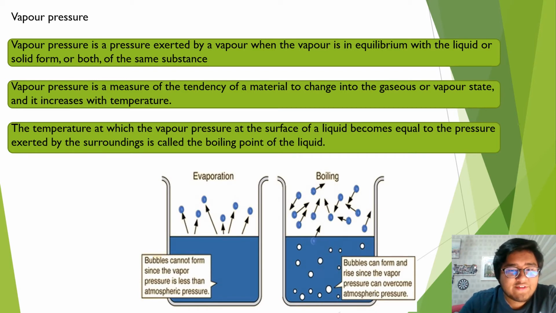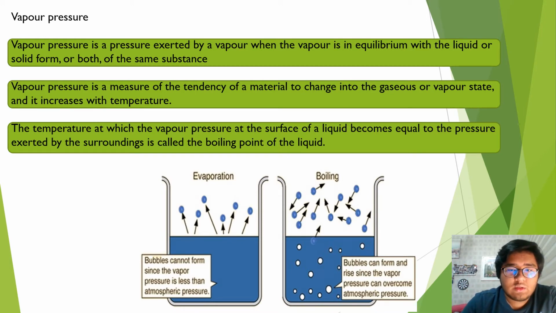On the left side, the evaporation: bubbles cannot form since the vapor pressure is less than atmospheric pressure. That's why when we don't boil the water, there are no bubbles in the liquid, because the vapor pressure is less than the atmospheric pressure. But when we boil the water, the temperature increases, and bubbles can form and rise since the vapor pressure can overcome the atmospheric pressure, which is the surrounding, the external pressure on the liquid.